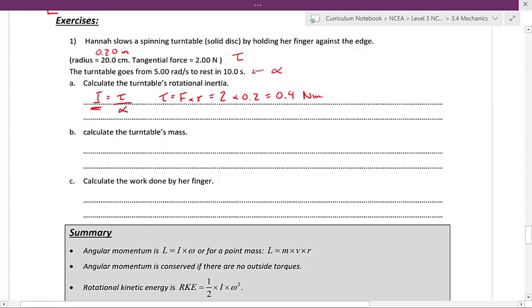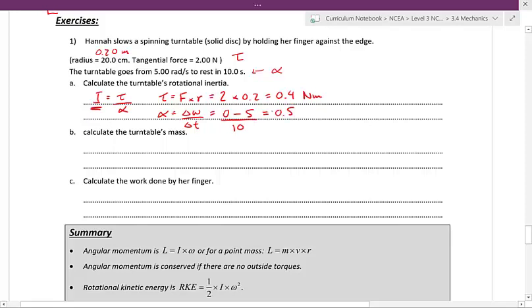And alpha we can figure out as well, because we know how much the speed changed and how long it took. So we know that alpha is equal to delta omega over delta t, which is final minus initial, so 0 minus 5 over 10, which is 0.5.